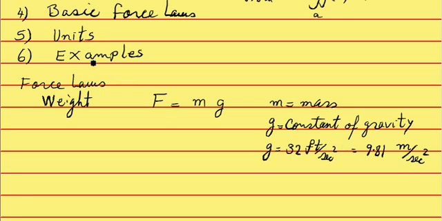I will talk about units later on. So g is just some constant. These are approximate values. In fact, on the surface of Earth, g changes slightly from location to location. That's an issue of interest to those in geology. Okay, that was for the weight.